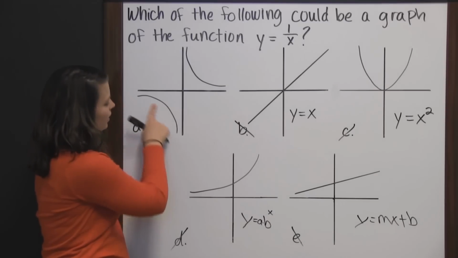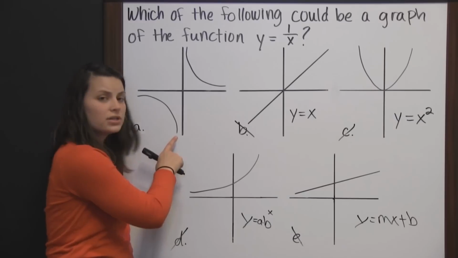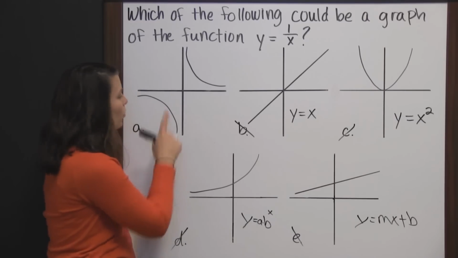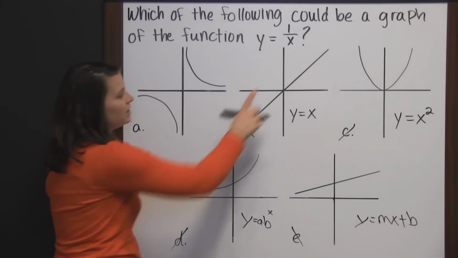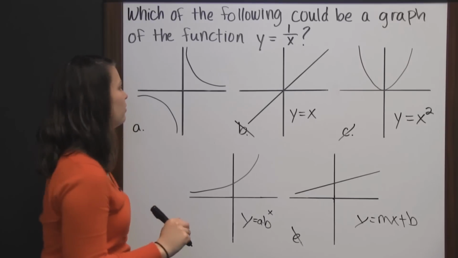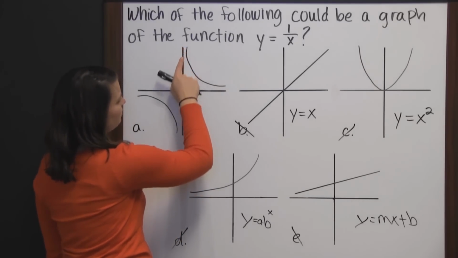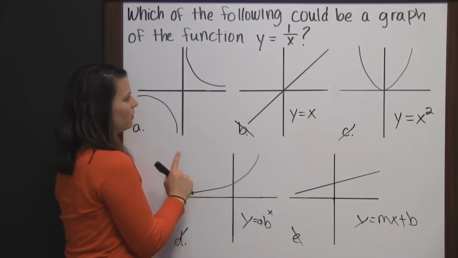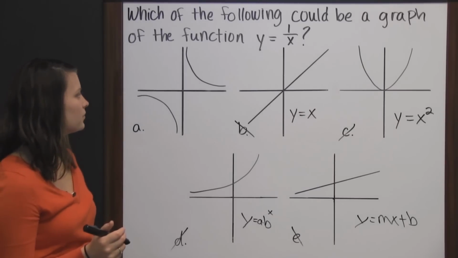On this side of our graph, it's approaching 0 and then it turns down sharply away from 0 because your x value can never be 0 since you cannot divide by 0. It's the same thing in the first quadrant. Again, it's approaching 0 and then it turns sharply away from 0 because x can never be 0.